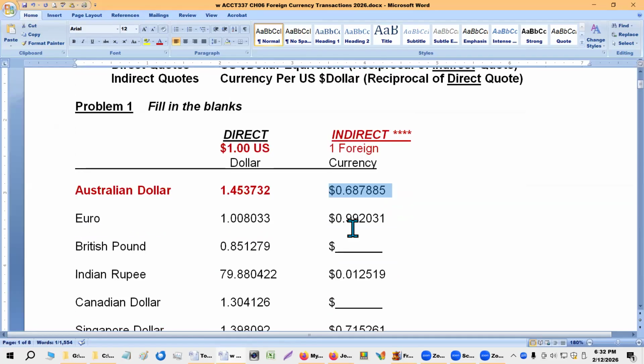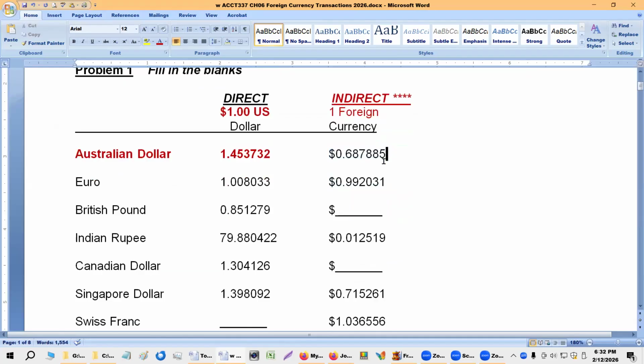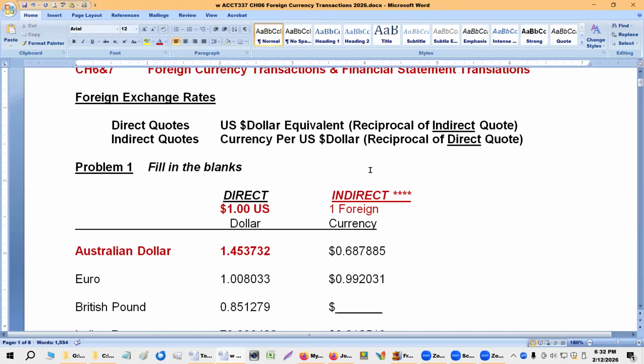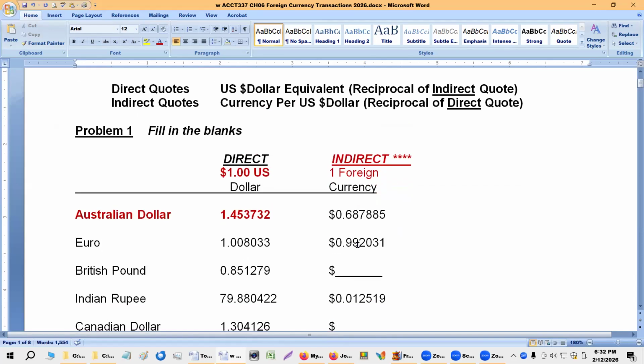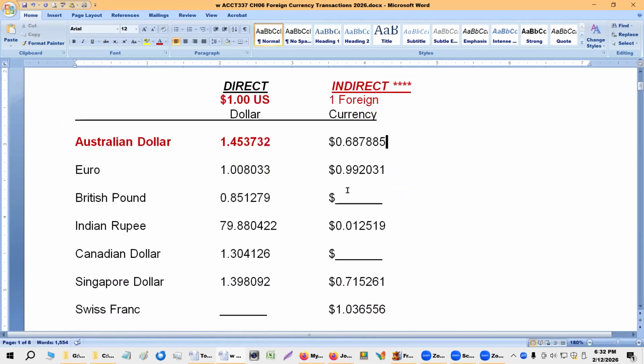And these are the reciprocal of each other, in that you just take one divided by it and you get the other one. So let's prove out this one first.